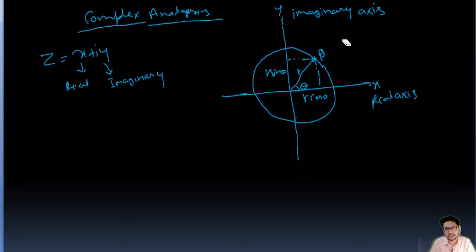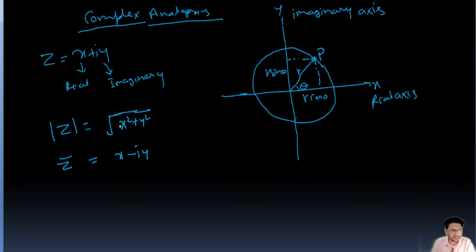In polar coordinates you can write like this. Mod z is going to be root x square plus y square. And the value of z bar is x minus iy. So z into z bar is going to be root x square plus y square.